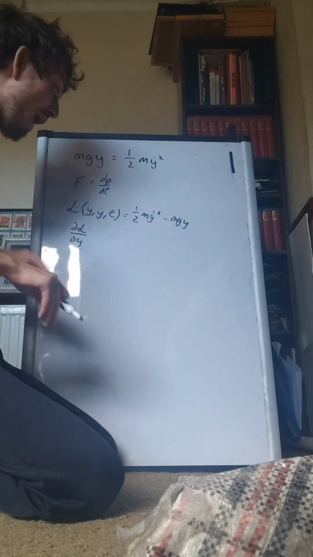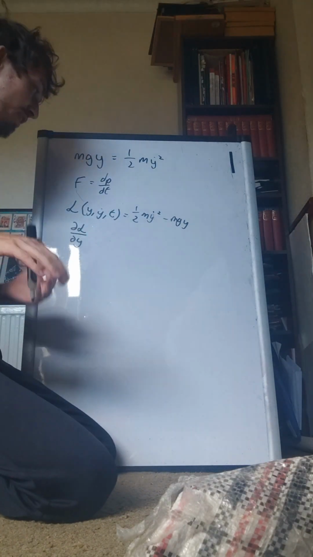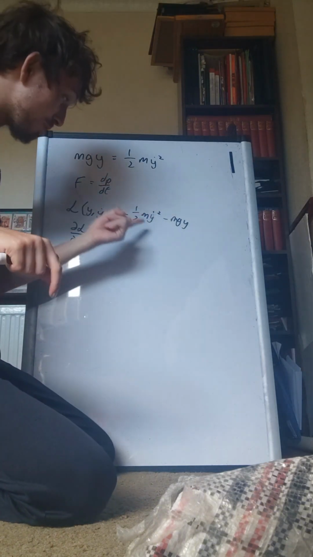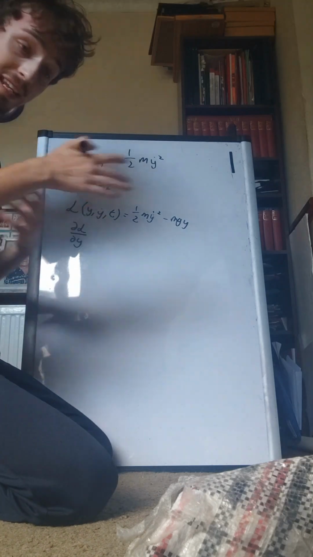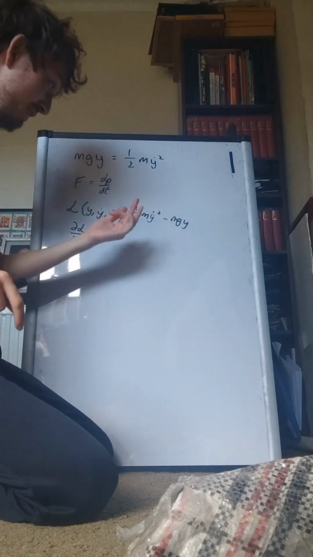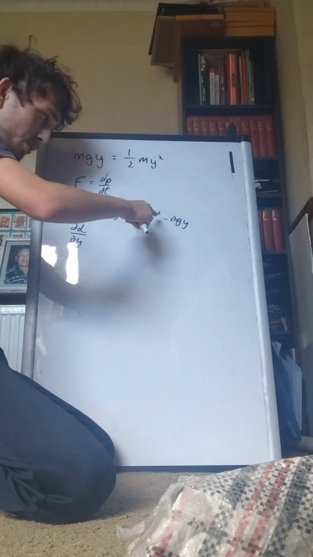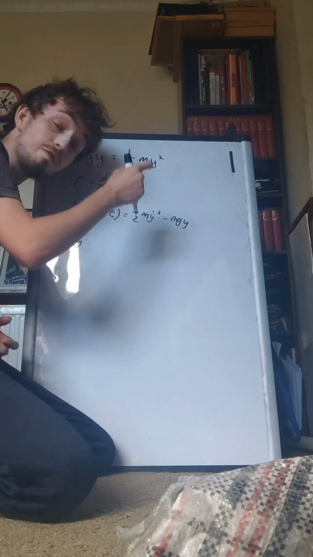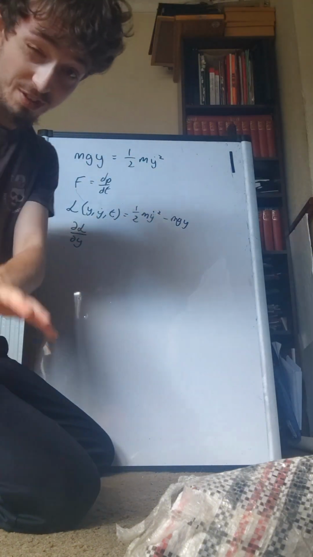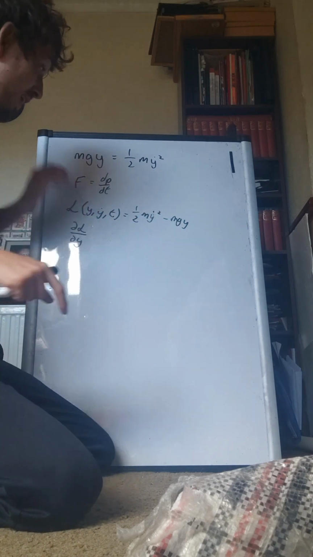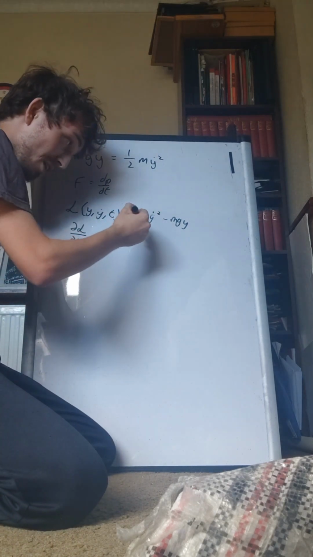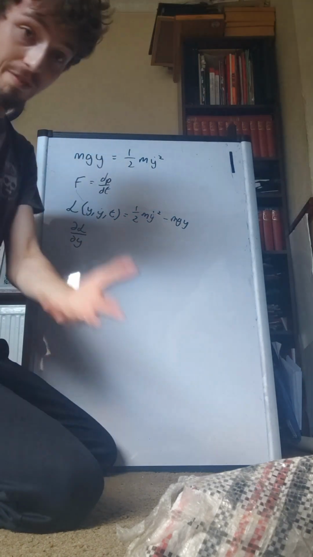Well, how can I get momentum out of this Lagrangian? I'm looking around. What happens if I differentiate with respect to y dot? Because momentum is mv. If we want it linear in v, then we can differentiate to get rid of that too, right? So if we differentiate this with respect to y dot, not differentiating with respect to a variable but to a function, just as we did there, then the 2 comes down and it becomes mv, right?